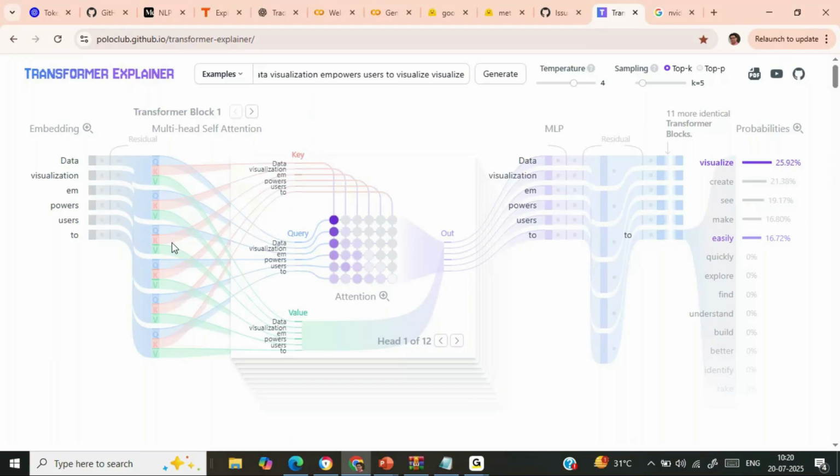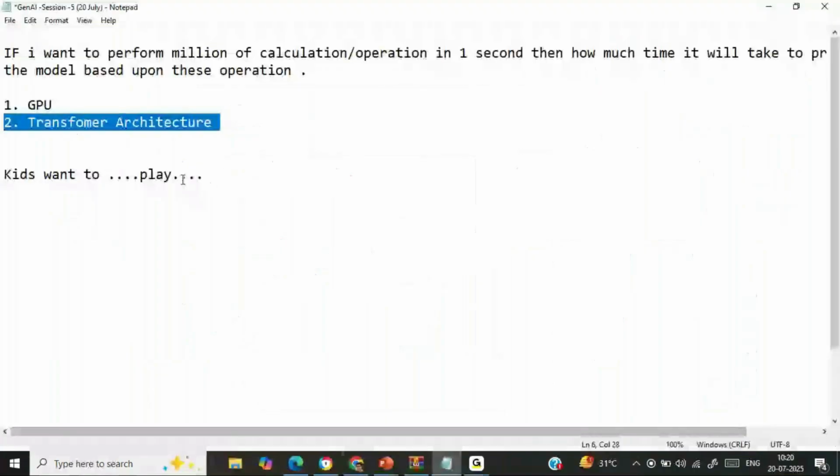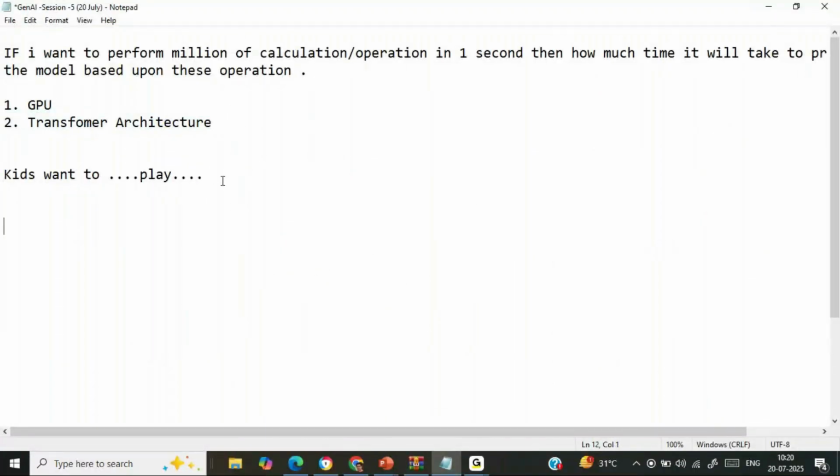Okay, so what is happening: the sequence of tokens that we are giving is tokenized, and it will be clubbed with the positions, and then we will proceed with the attention mechanism. Okay, so friends, inside the transformer architecture there are two main things, attention and MLP. Okay, multi-layer perceptron.